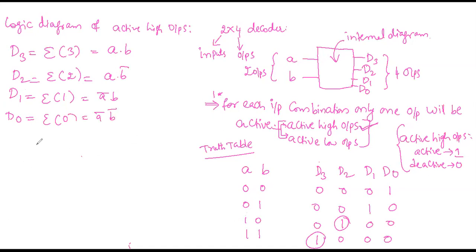Now draw the logic diagram. A, B are the inputs, and draw one inverter. So this line is A, this line is A bar. This is B, this line is B bar.